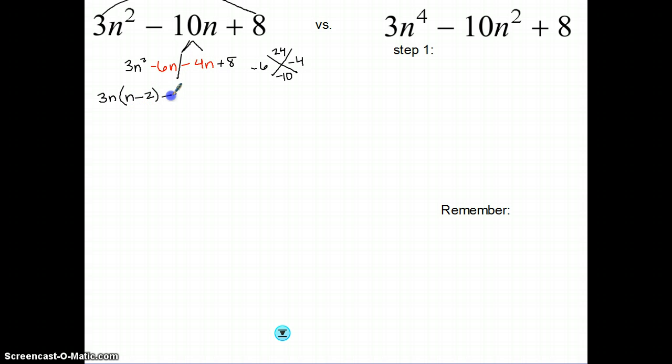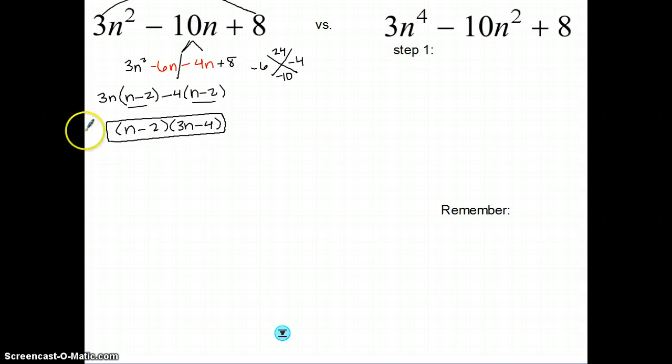On the right, I take out a negative 4, leaving me with an n minus 2. Factoring out that n minus 2 that is in common, I am left within my second parentheses 3n minus 4. Remember to look at each of those individual parentheses to make sure that they may not be factored down any farther. And since they cannot, I am done.